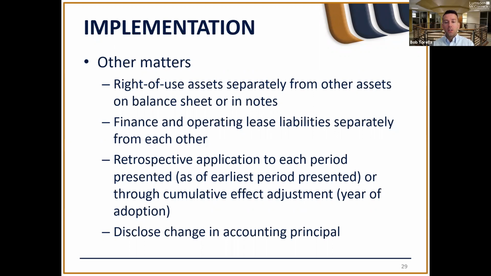Or you could adopt it using the cumulative effect adjustment in the year of adoption. My guess is that most people are going to use this method to adopt because, depending on your types of leases, there shouldn't be a significant cumulative effect adjustment unless you have some leases going from operating to financing once you've actually done your analysis and implemented this. But that is usually the easier way to reflect the adoption.